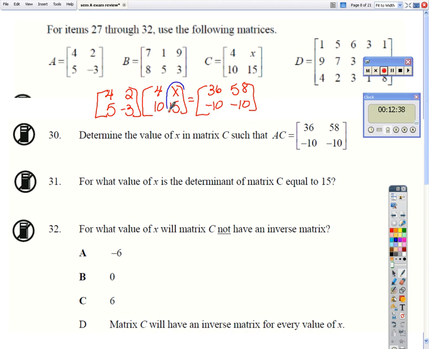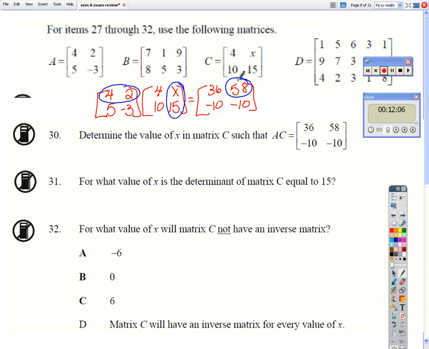Because X is in the second column, we multiply row by column. I need to look at the second column here. So I can pick any row in the first matrix. I'm just going to choose the top one. So the first row by second column gives me the number in the first row, second column of the resulting matrix.